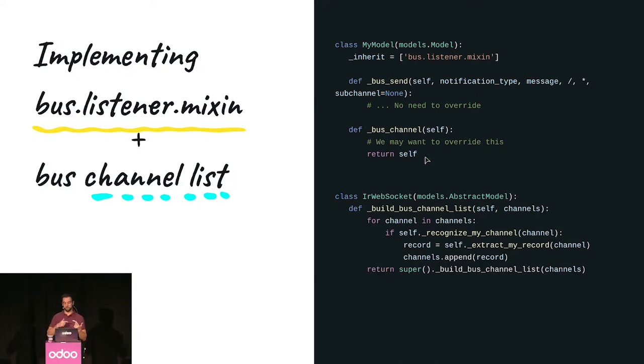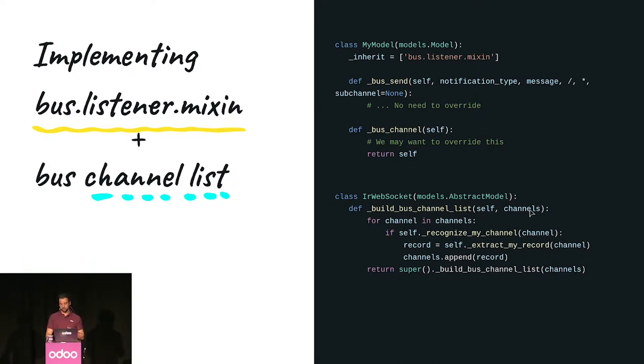That's why it's equivalent to the previous example also, but most of the time we don't even want to override this because the bus channel is going to be our own record. And in the build bus channel list on the WebSocket model, this is where we're going to really create the record channel. This is what is going to allow us to specify, okay, this record is the channel, and it's going to allow us to create these private channels.